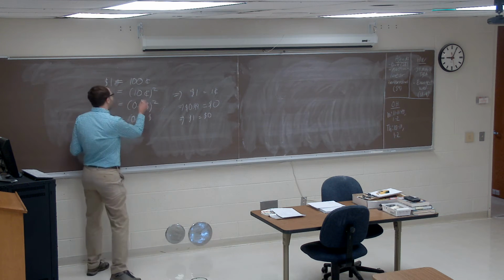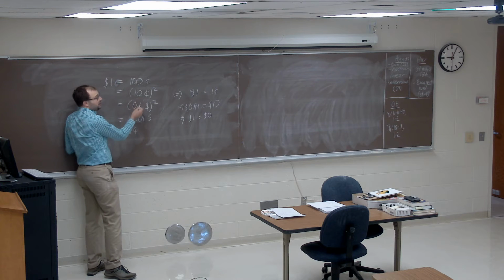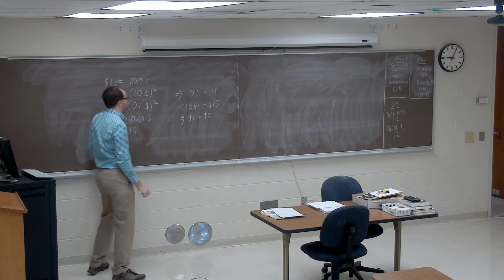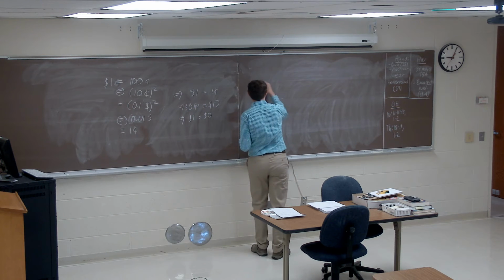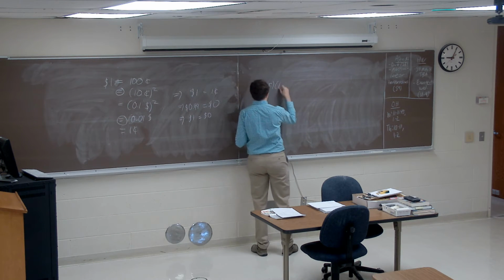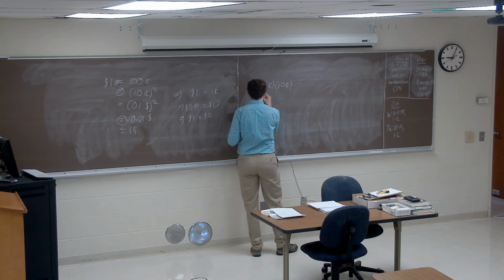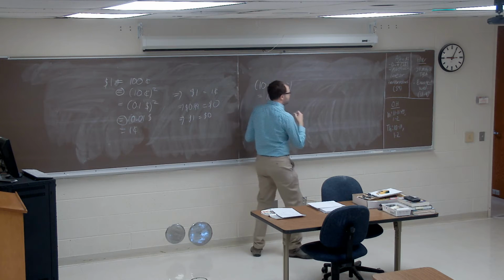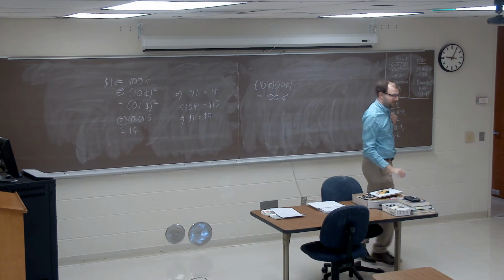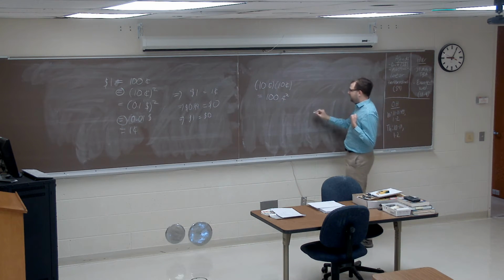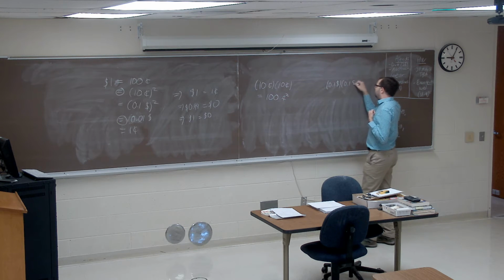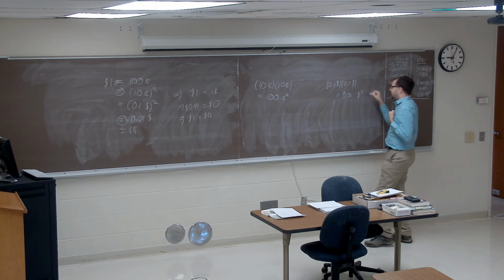I think the issue isn't actually going from this step to this step. This is actually fine. The issue is here and here. Because if we take 10 cents and square it, 10 cents times 10 cents, we get 100 cents squared, or squared cents. Similarly, if we take $0.1 times $0.1, we get 0.01 square dollars.